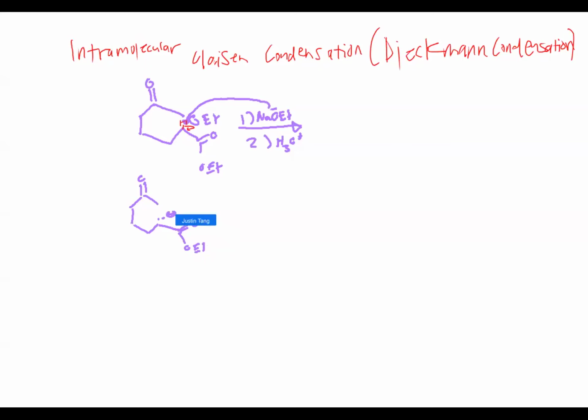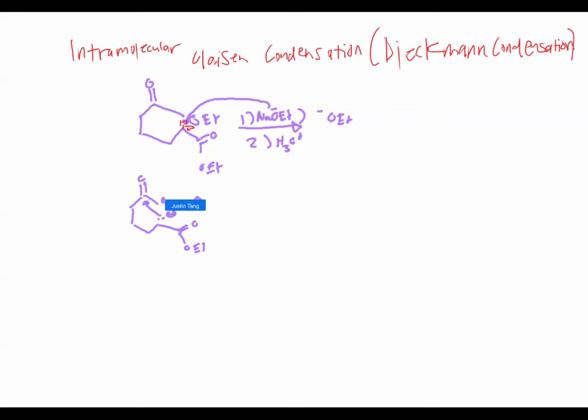Is it necessary to write the Na plus hanging out here? No, that's a spectator ion. You don't have to draw that out. So when I write the reaction like this, can I just draw this instead of NaOEt? Yeah, you could draw it out like that. And then doesn't this attack this?